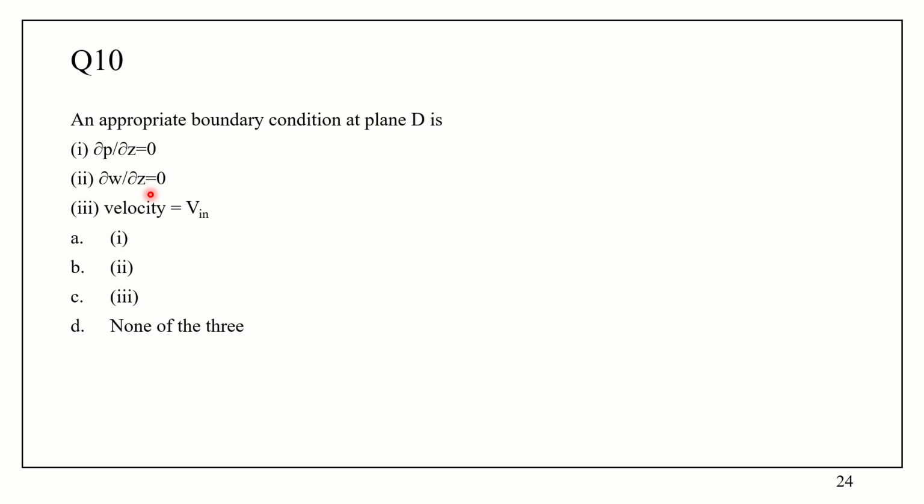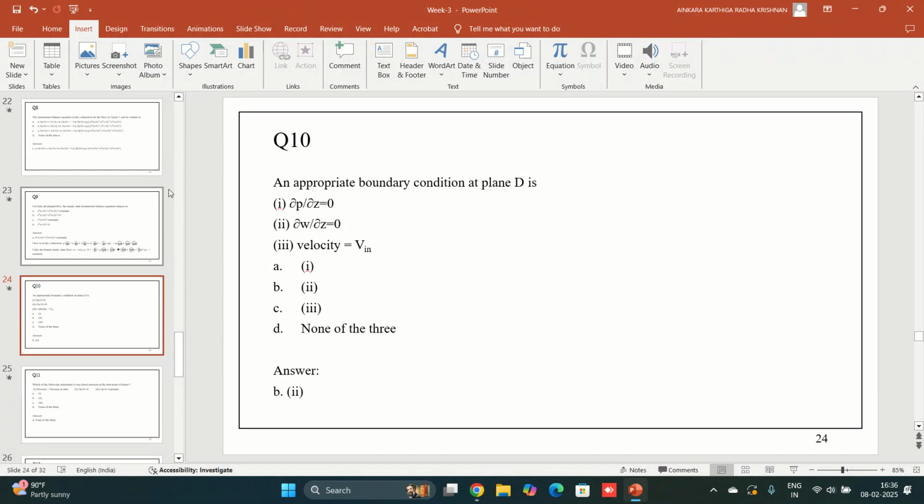Only one of these is right. Either the first one, second one, third one, or all three might be wrong. So the first one, what is it stating? Is anyone giving an answer actually?